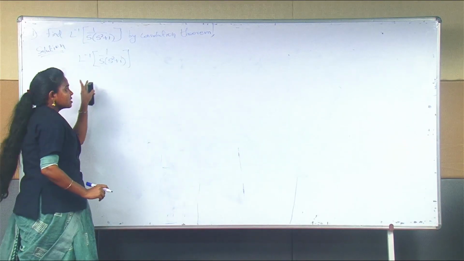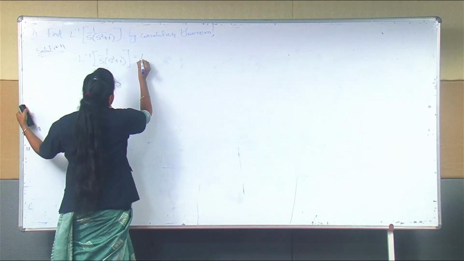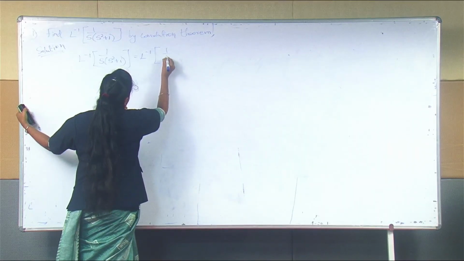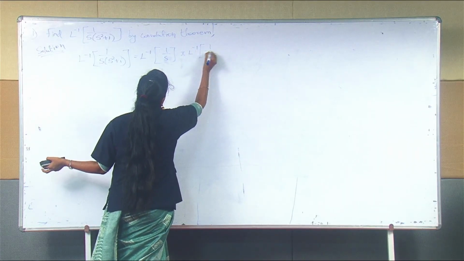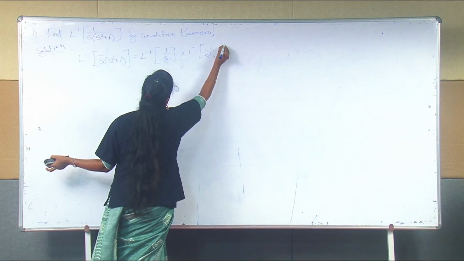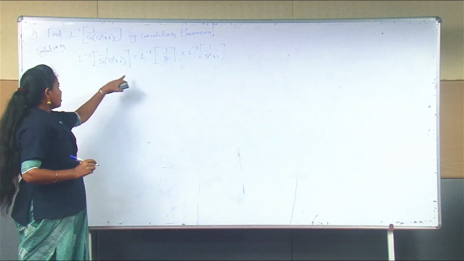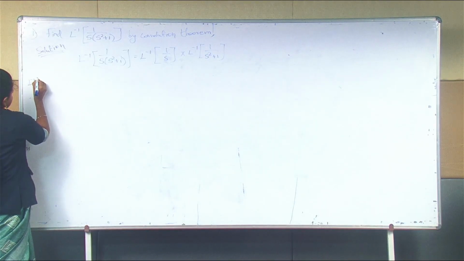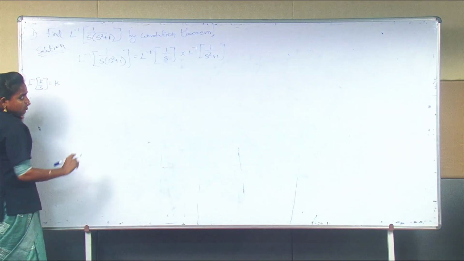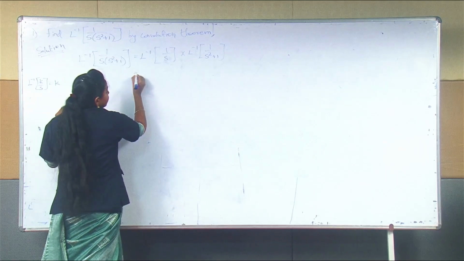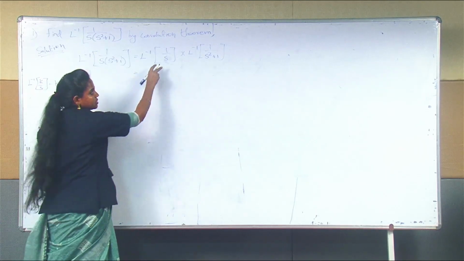You can separate this function as L inverse of 1 by s into L inverse of 1 by s square plus 1. We know that Laplace inverse of k by s is equal to k, so we get 1 for this part.